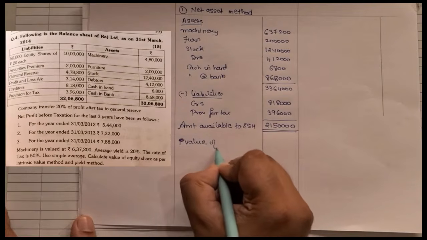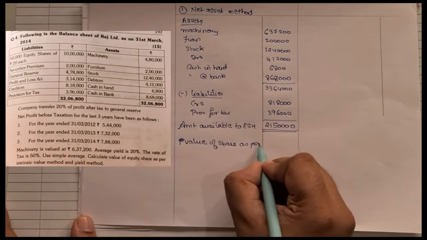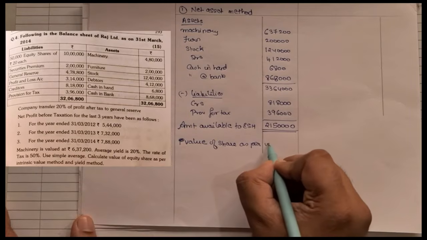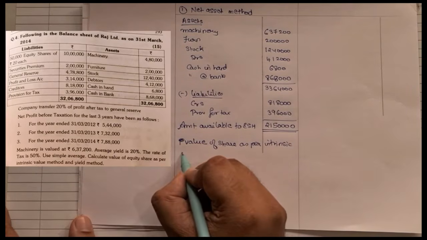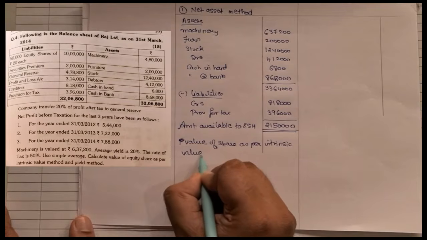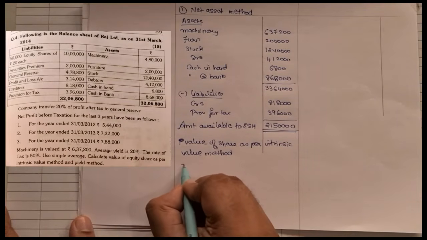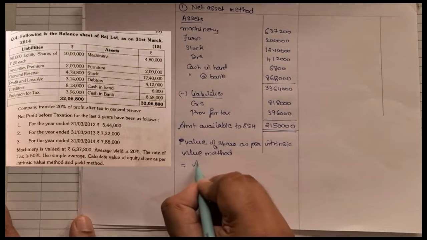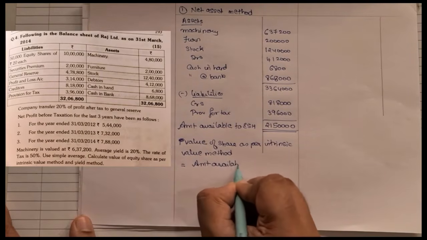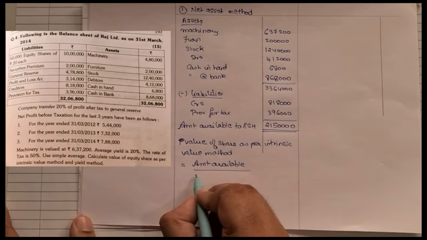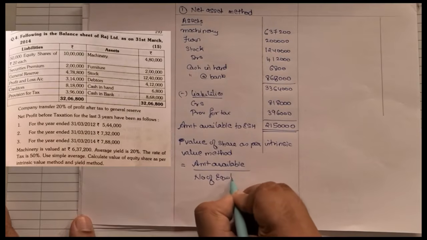Now we need to find value of share as per intrinsic value method. The formula is amount available upon number of equity shares.